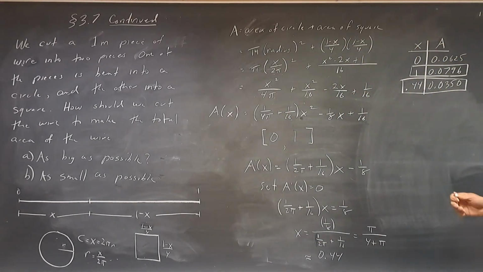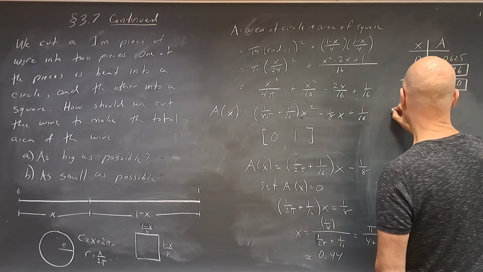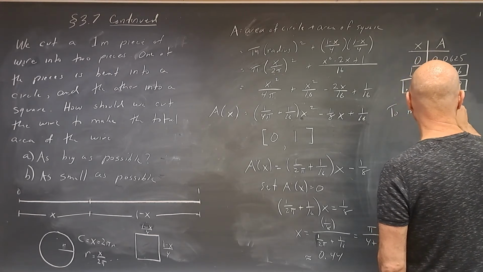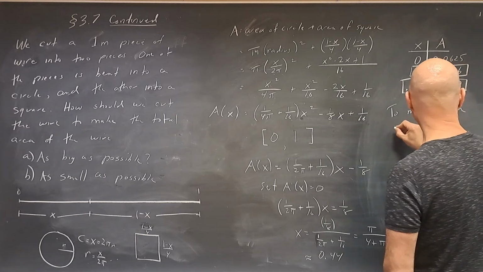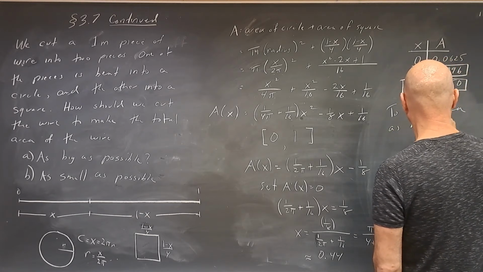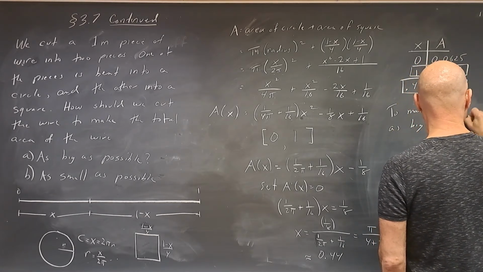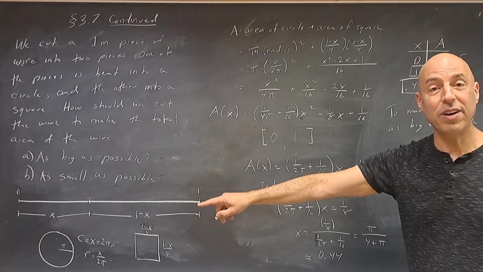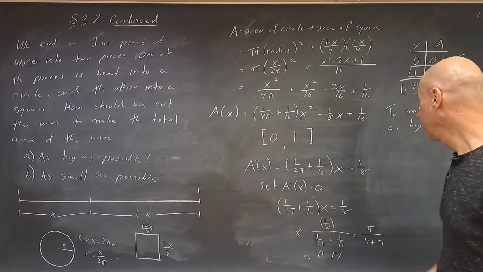So to make the area as big as possible, we're going to cut at x equals 1. In other words, use all the wire for the circle.